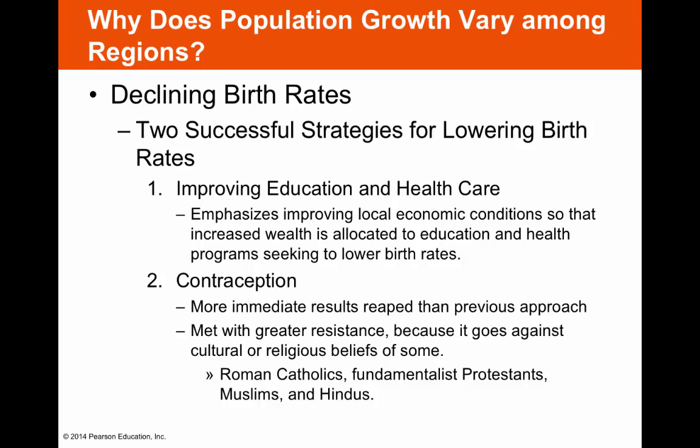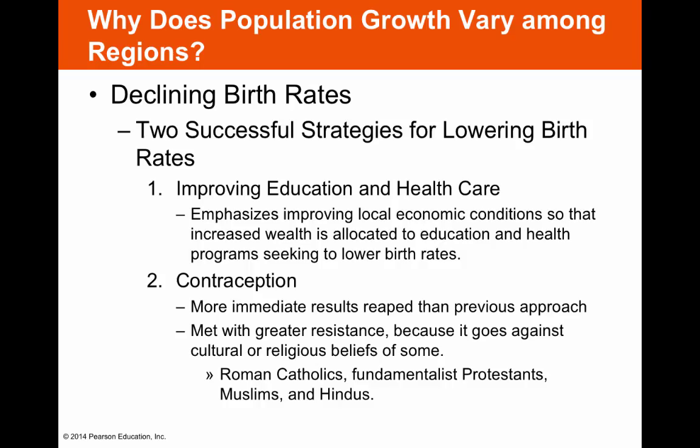I found this really cool PowerPoint that shows how countries have lowered their birth rates, either through laws or by propaganda and other strategies. But when you improve education, people tend to not have as many kids.